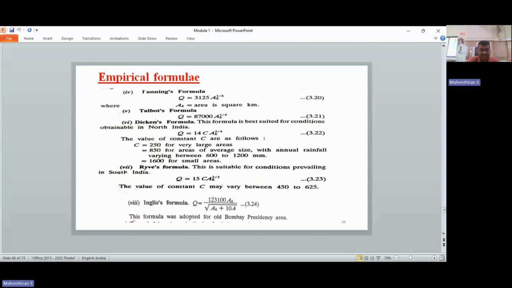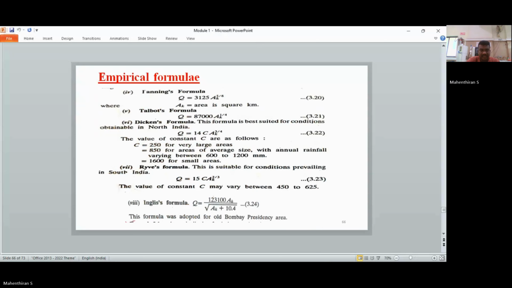Now, next we are moving into the English formula, that is the final formula. Here we have Q equal to 123100 AK divided by the square root of AK plus 10.4.